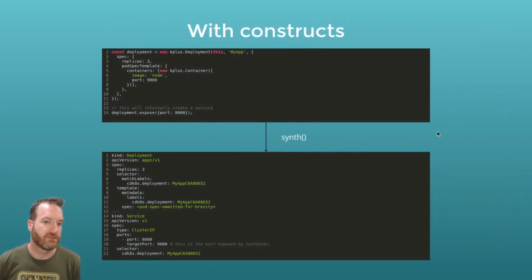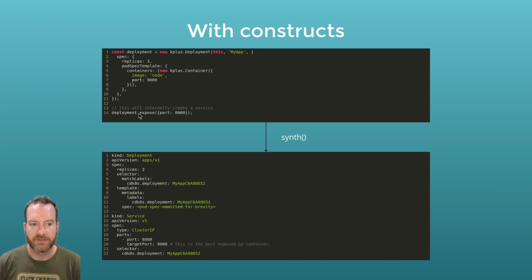So how do constructs aim to fix this? Well, we'll start off with a deployment construct here, which is coming from the CDK8s-plus library. It is an L2 construct, which I just provide over our common replica count, containers, those sorts of things that you're familiar with creating a deployment.